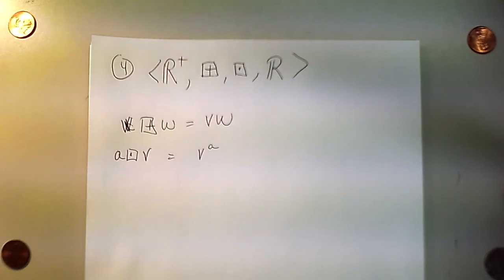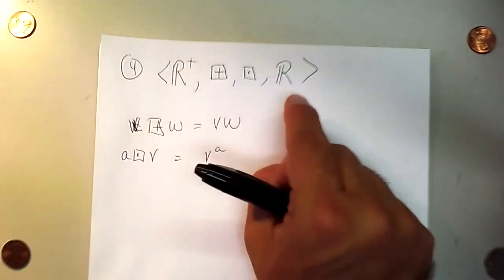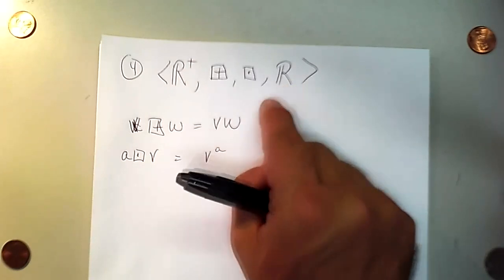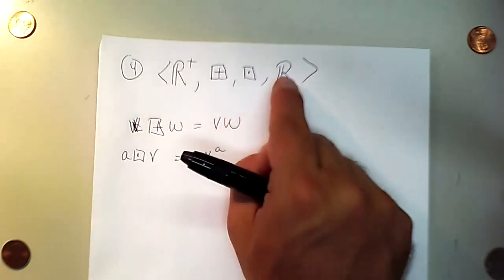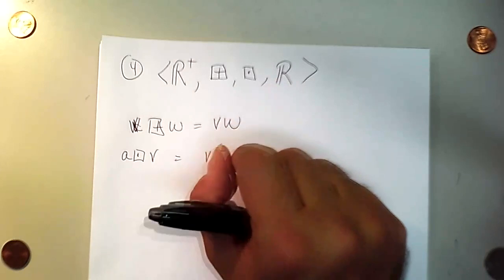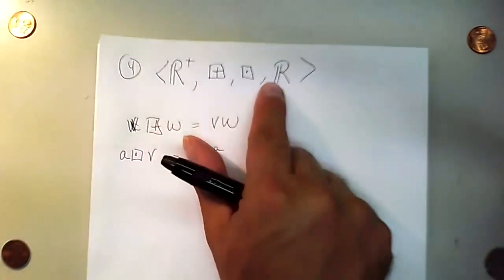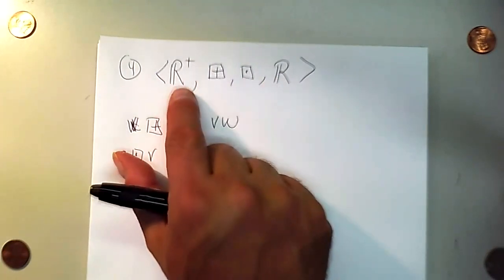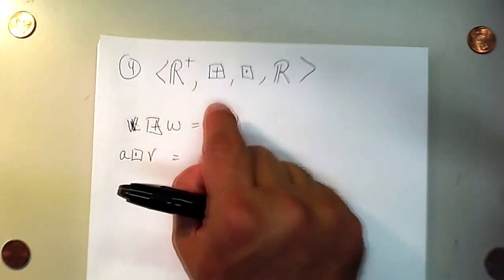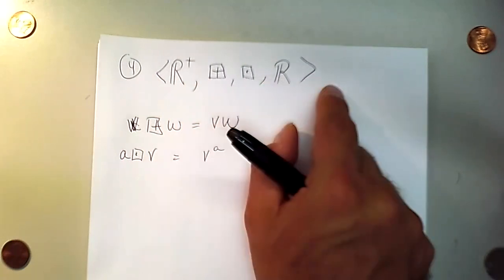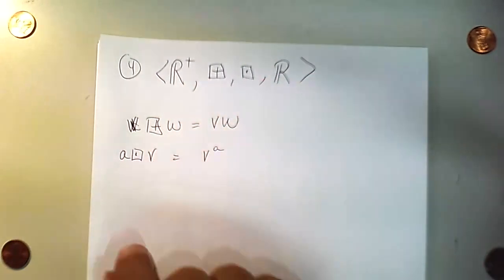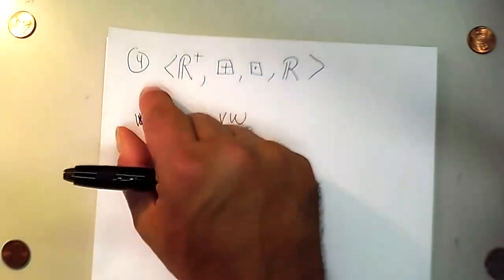So when are two elements? I have to think about that. Oh, the dimension is 1. Because every element can be written as a product of R. Yeah, because we're multiplying with R. Every positive number, you can get from one positive number to another positive number by multiplying by a scalar.